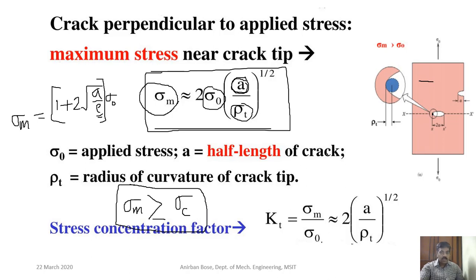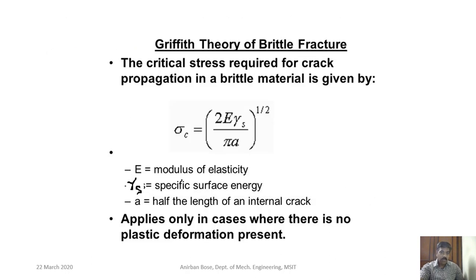So the stress will be maximum, and we have to find out what this critical value is, above which, if the maximum stress increases, the crack will propagate. Let's see how to find out this critical value.